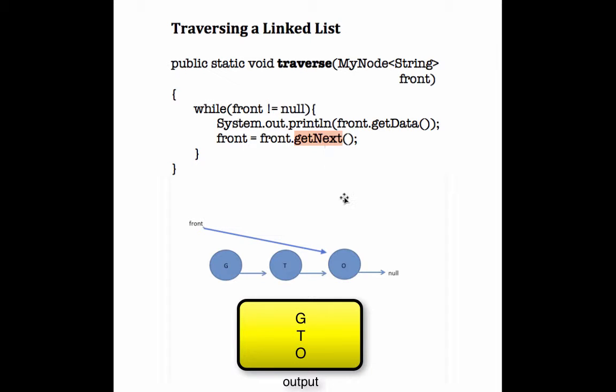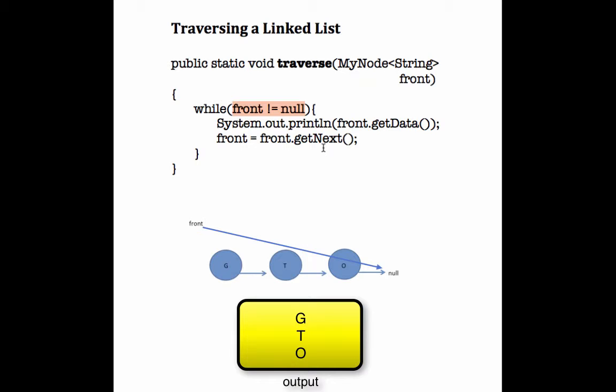And this is very important because right now front is looking at the last node. Visually, I know that I'm looking at the last node. Internally, or in the code, I don't know that, but we're saying change front to front.getNext. When that happens, front will have the value null. And then when I check the condition in the loop, this condition will be false because front now is null, and then the loop stops.